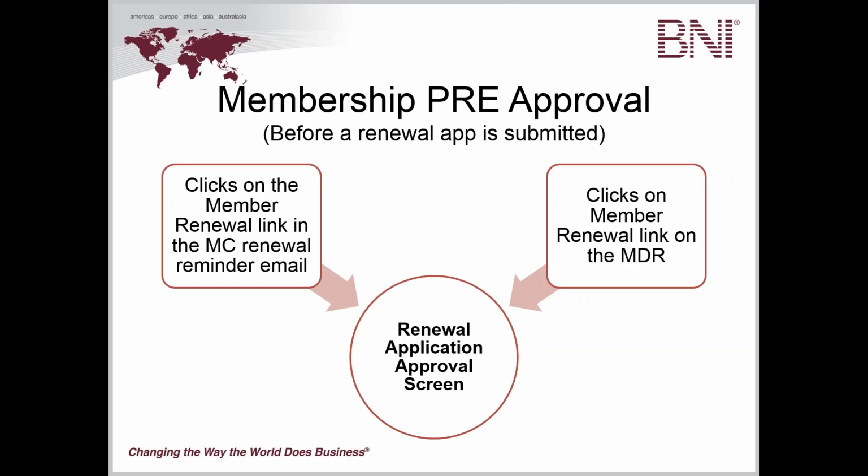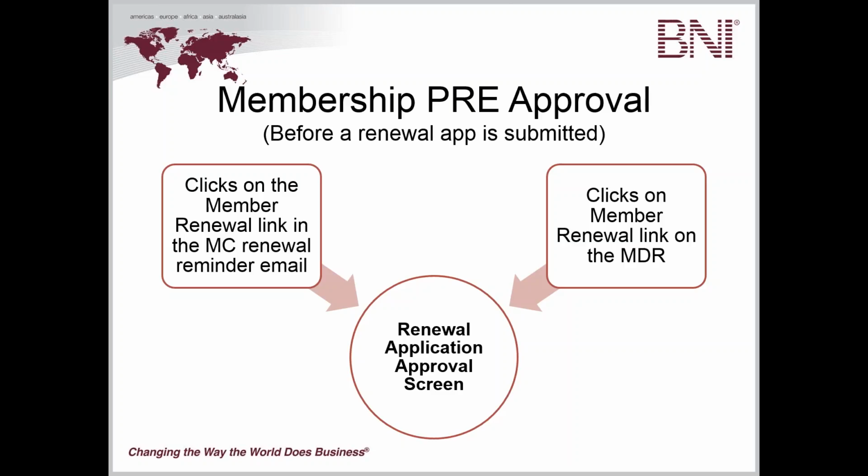There's two different ways that a leadership team can do that. They will get a reminder link 90 days before a member is due. So the people that are due right now in December, those email reminders went out at the beginning of this month saying, all of these people due in December, would you like to pre-approve them?